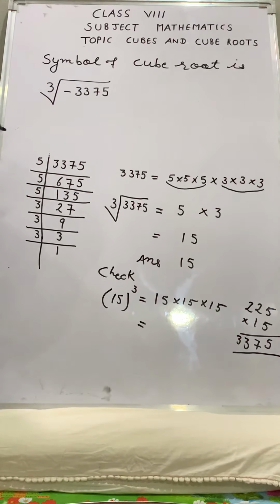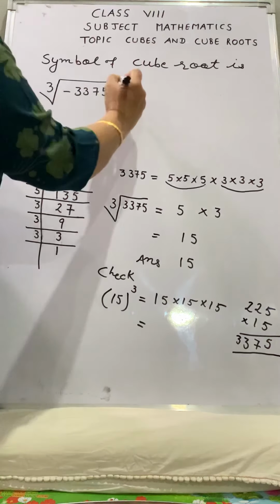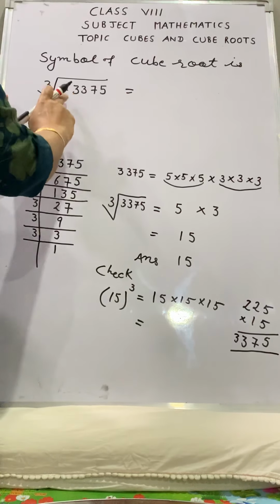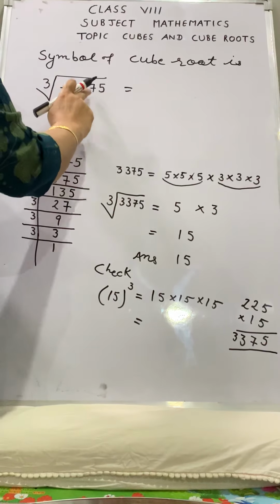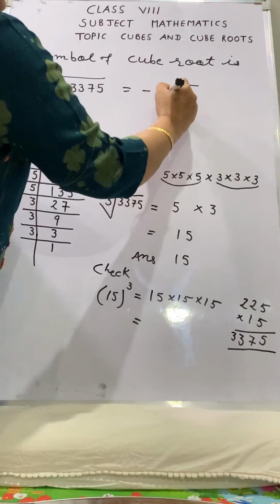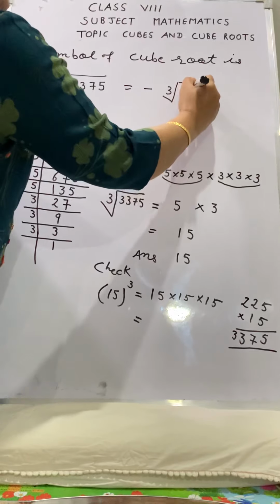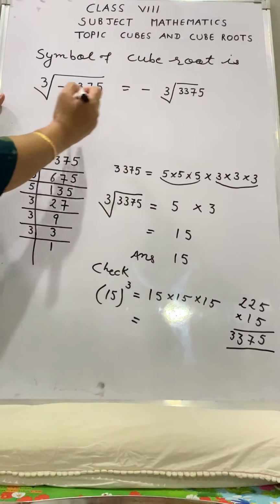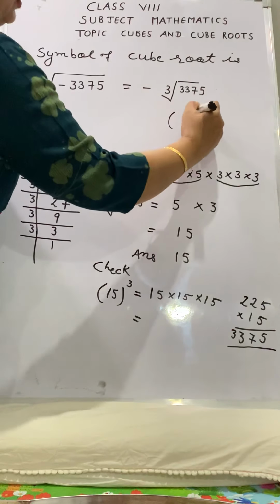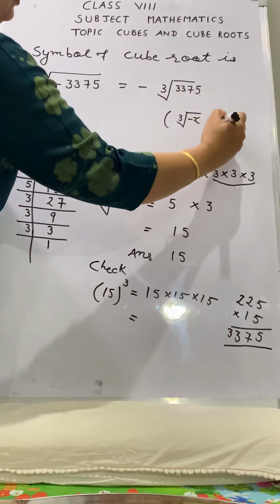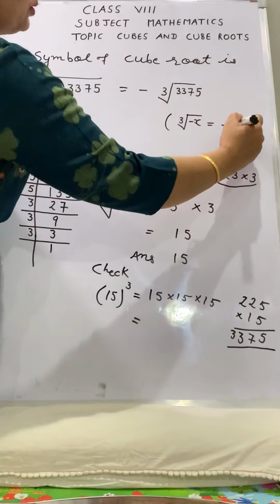First of all, you have to write cube root of minus 3375 as minus cube root of 3375, because cube root of minus x equals minus cube root of x.